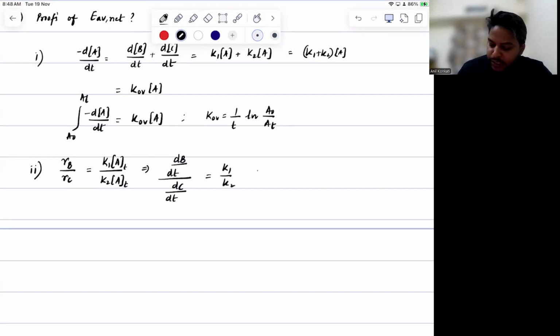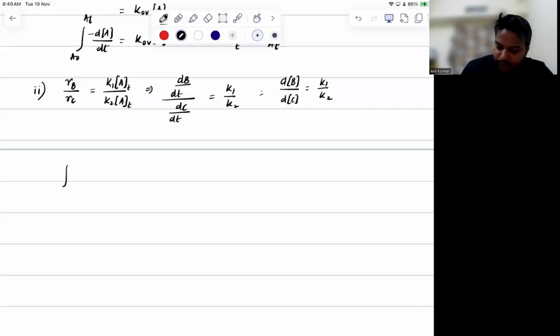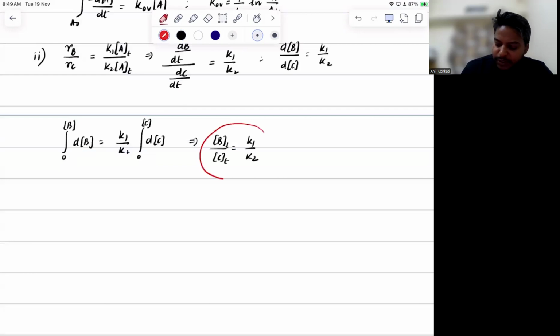Which means any small change in B with respect to a small change in C will always be equal to a constant ratio. So if the change is from 0 to some concentration of B, that should be equal to K1 by K2 into 0 to the concentration of C, which means B by C, the concentration at any time t, has to be always equal to K1 by K2. Again, very important while solving questions. Remember this. The ratio of these two will always be equal to K1 by K2.